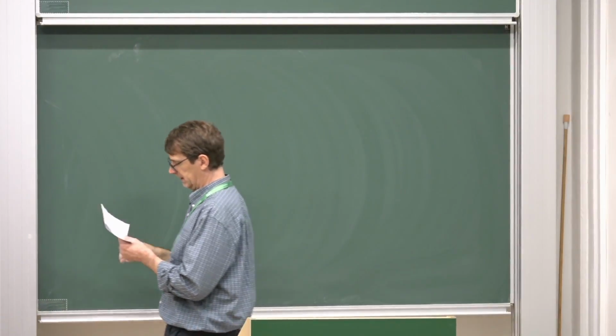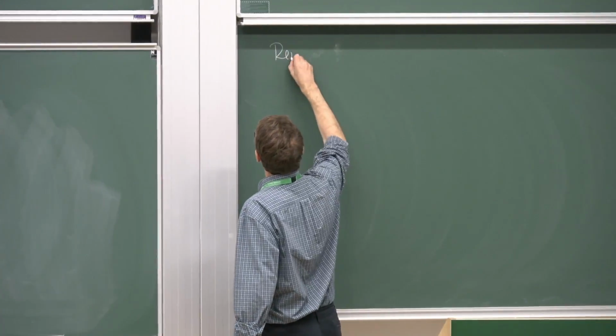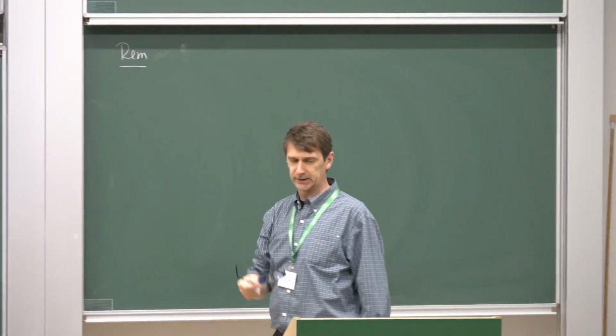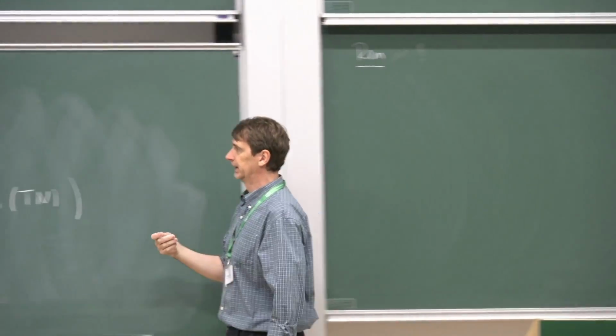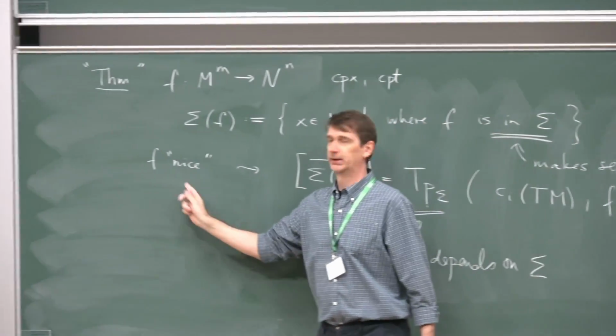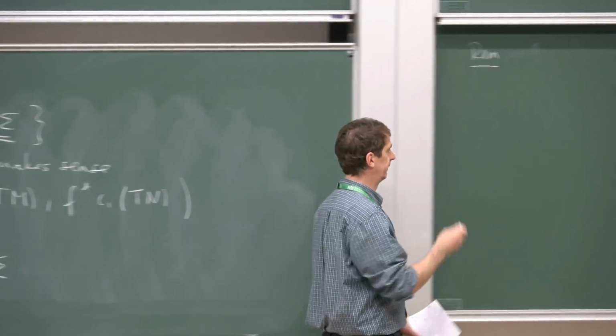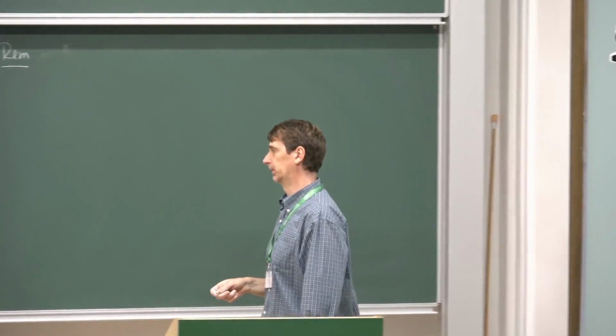Yes. So I want to make a small remark, that this theorem is explained better, and this niceness will make more sense, if I interpret this Thom polynomial in a different way.